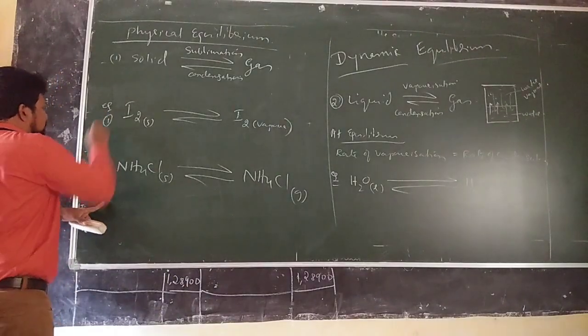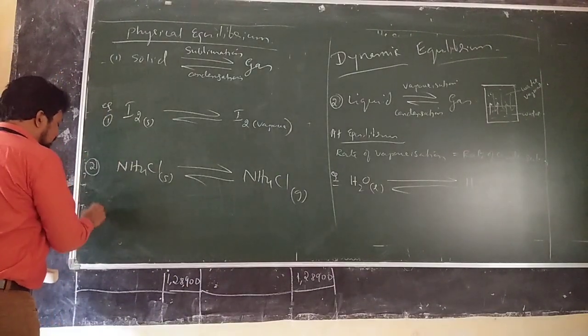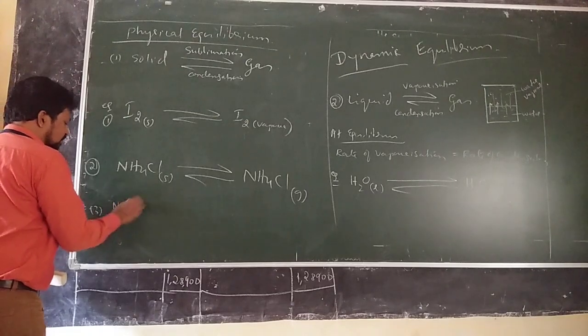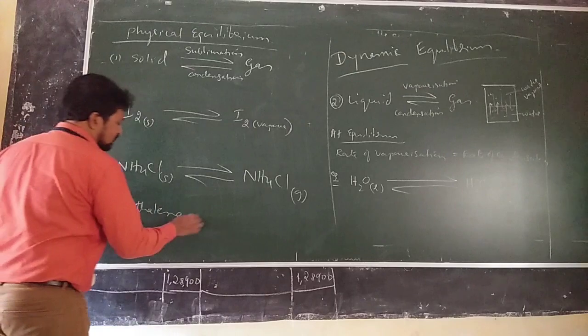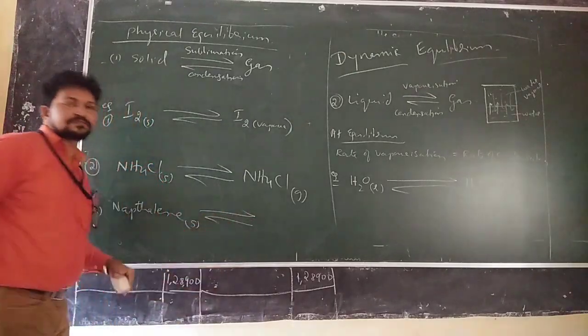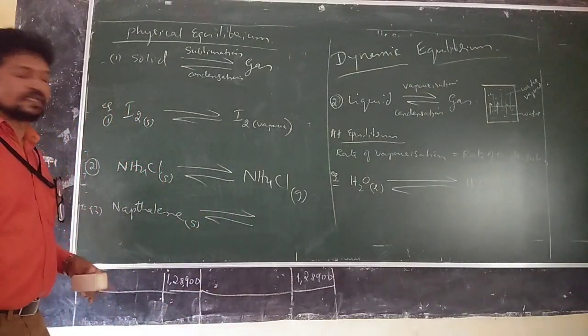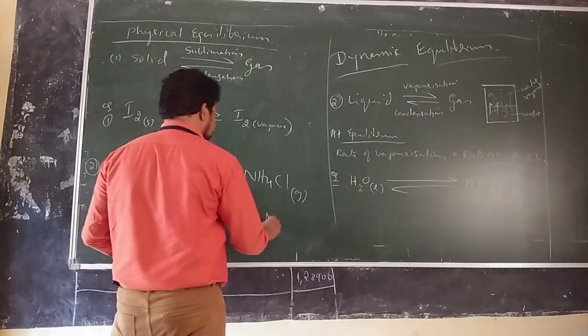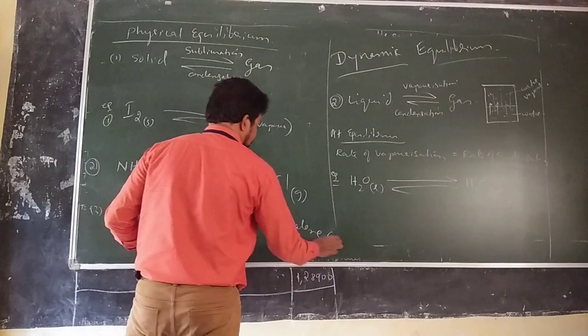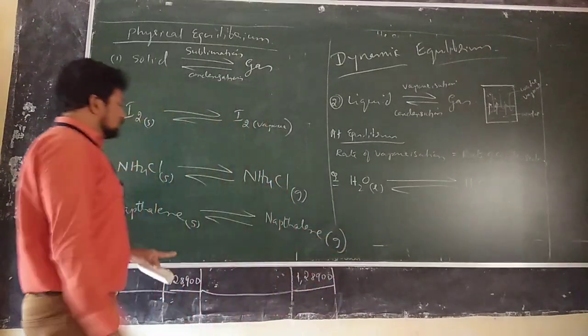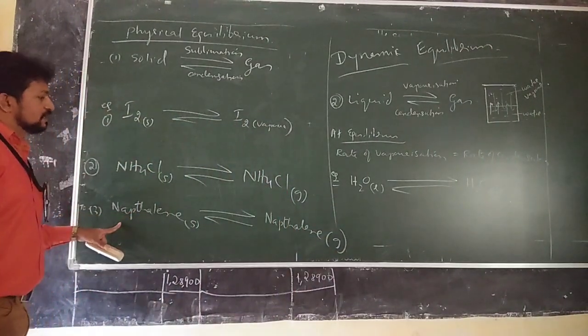Example 2: naphthalene, mothballs. Naphthalene is a solid, and naphthalene undergoes sublimation into vapor or gas. So this is also an equilibrium.